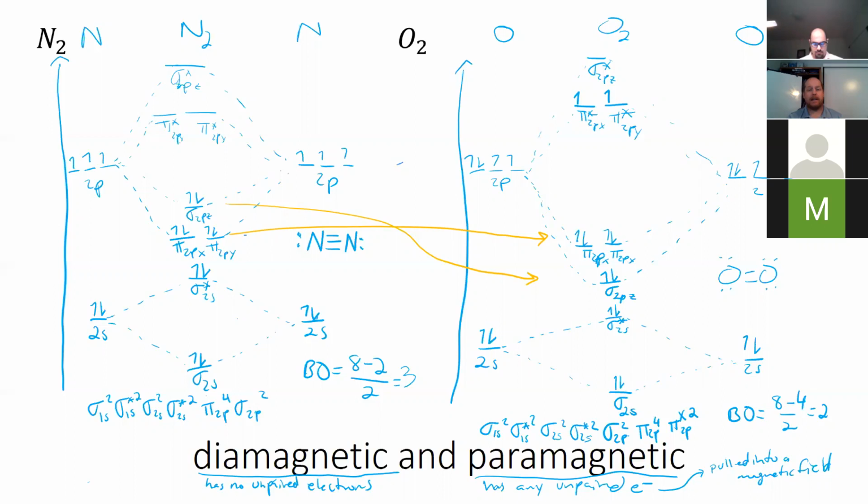They're attracted to magnetic fields because the little magnetic fields from the electron spinning can now interact with the magnetic field they come in contact with and be pulled towards it. So in other words, it shows magnetic properties.